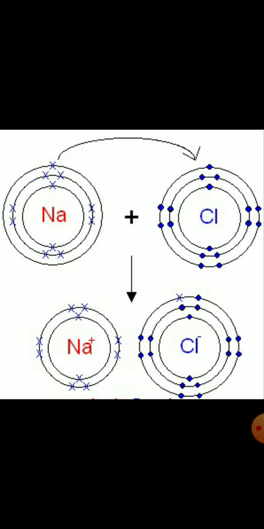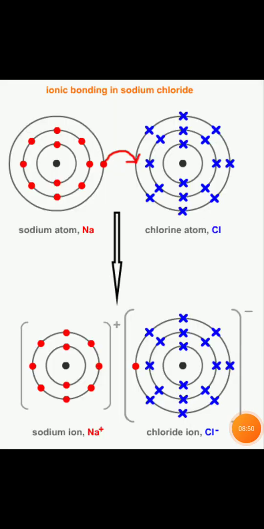And because of this attraction, they are held by strong electrostatic forces of attraction, and they become sodium chloride, which is NaCl. So remember that the compounds formed by the attraction of opposite charges are known as ionic compounds.